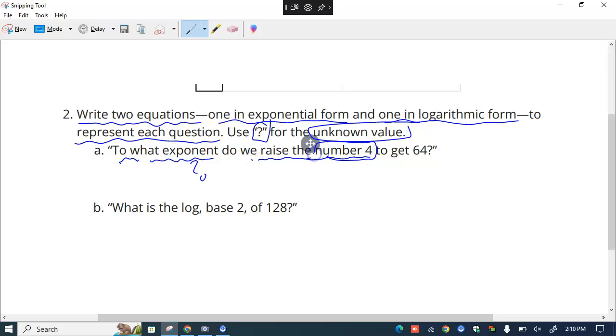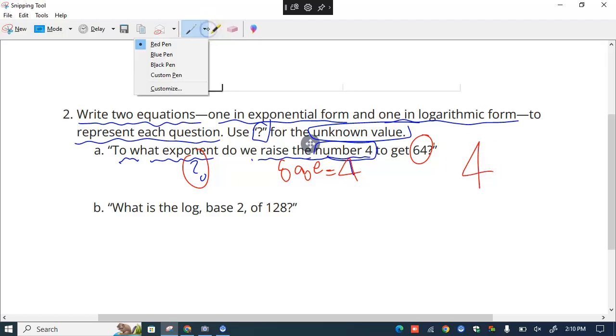So this is the base, and the blue is the question mark, we don't know, and this is to get 64. So we begin with the 4, 4 is the base, raised to what exponent, that's the question mark, and it gives you 64.